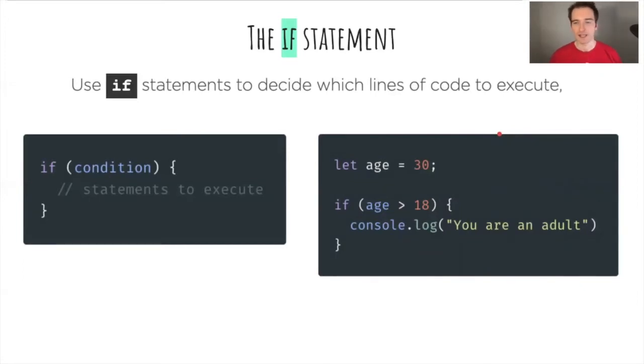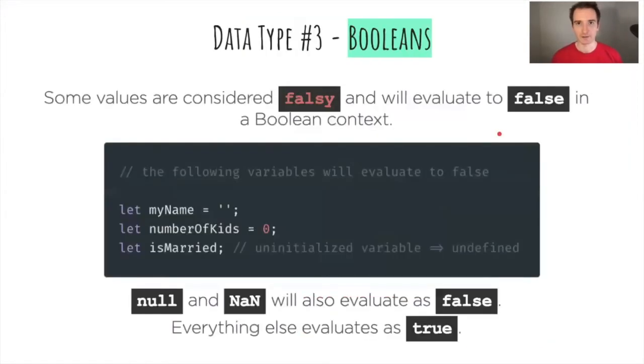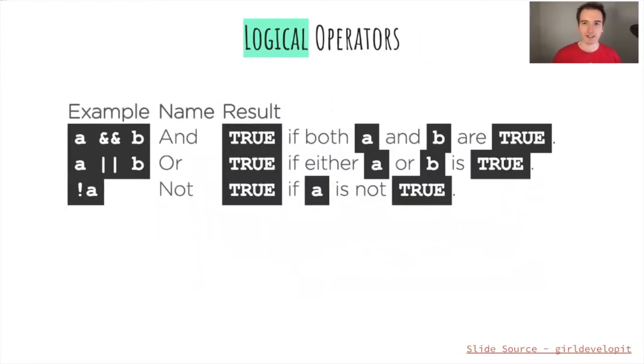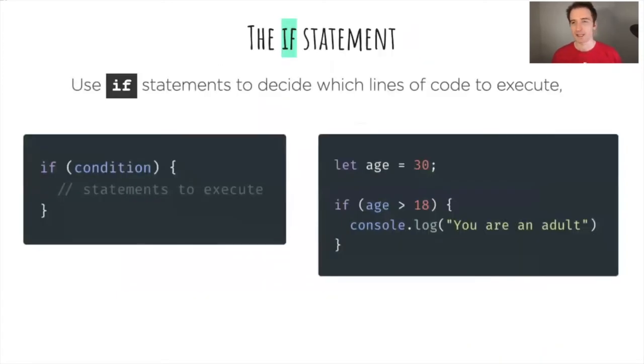So next thing, now that we have these things called Boolean values, which is either true or false, we can manipulate these Boolean values using comparison operators and logical operators. We can actually do something with these Boolean values, which is really useful, which is this whole conditionals or control flow thing.